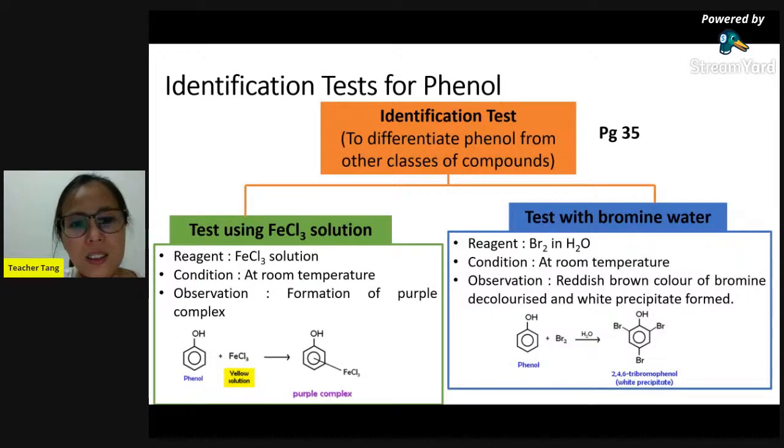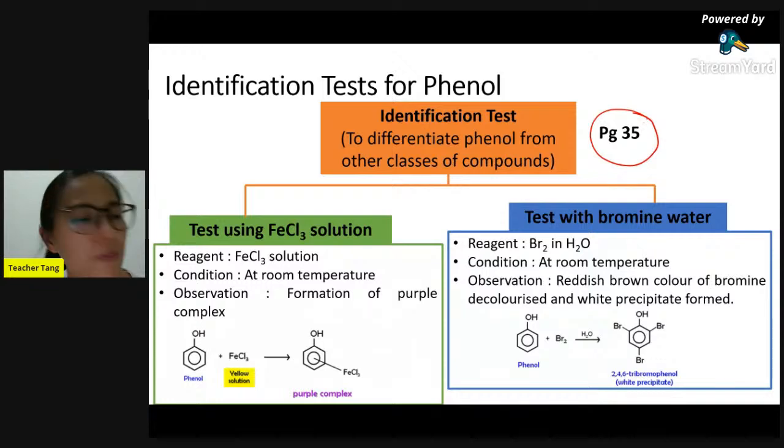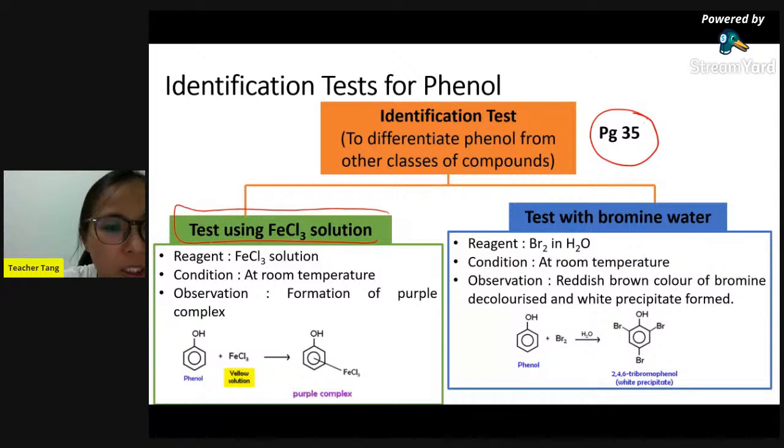So now we move on to look at how about if phenol. So turn to page number 35. So how can we differentiate phenol from other classes of compound? So macam mana kita nak bezakan phenol from other classes of compound? So basically there are two chemical tests that you can do. So the first one is test using iron 3 chloride solution.